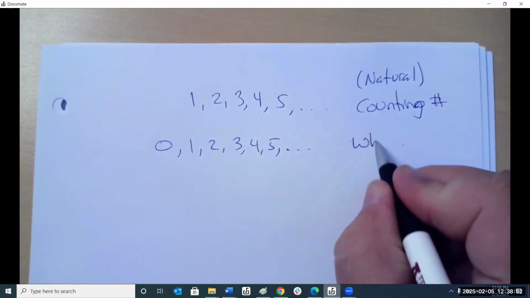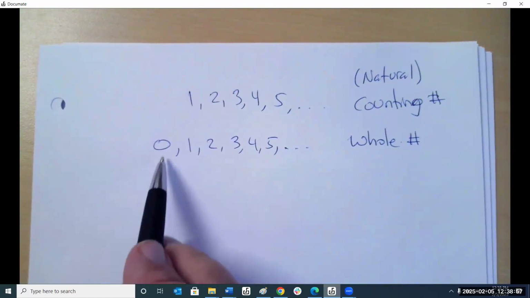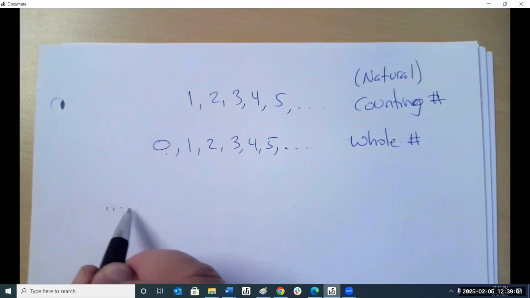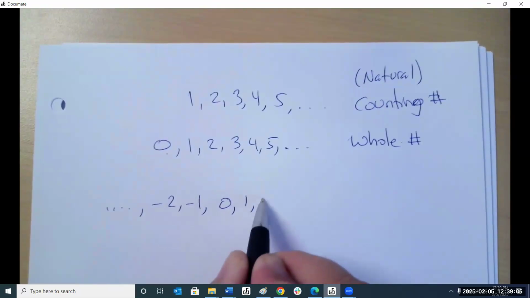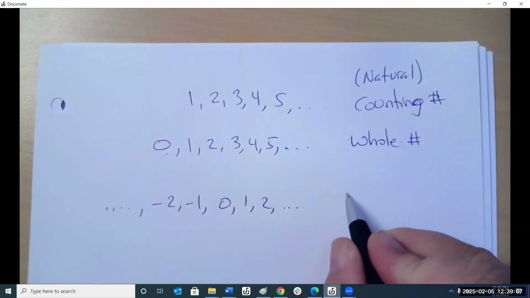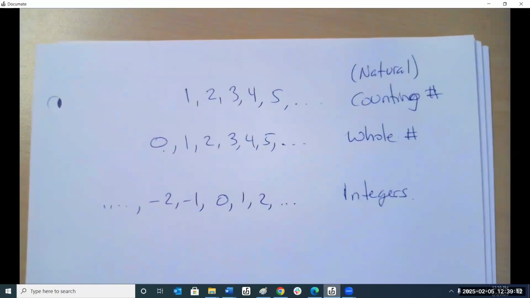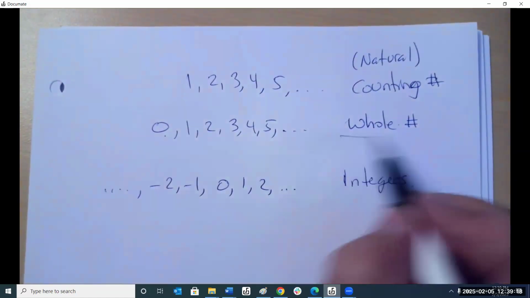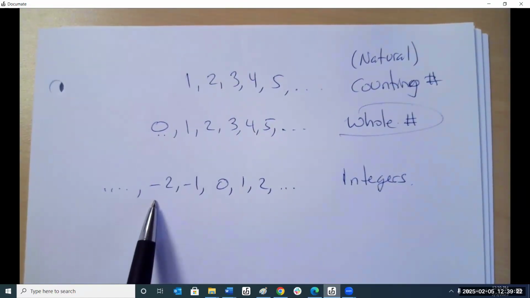So these are defined as whole numbers, from 0 to infinity. And then we have integers, which go from negative infinity to positive infinity. And then we go to rational numbers, which are all the decimals. So when you say whole numbers, it starts at 0 and goes to infinity, even though you meant this.